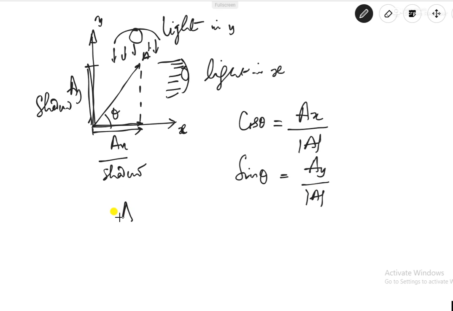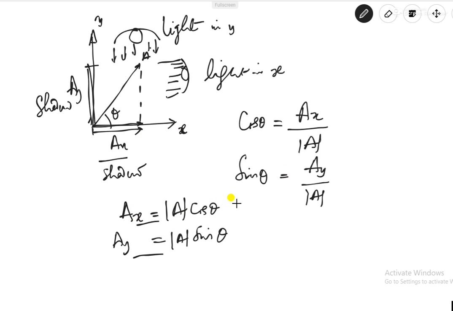From this we can say AX is equal to A magnitude cos theta, and similarly AY is equal to A magnitude sin theta. That means we are dividing this vector A into two mutually perpendicular components. This is how A is resolved into two components. Suppose you want to know the direction of vector A with respect to the angle: tan theta is equal to AY by AX.